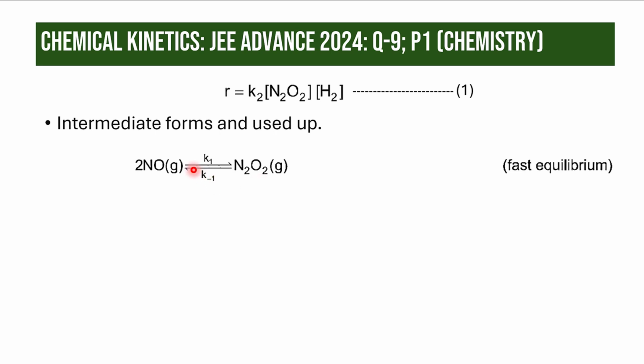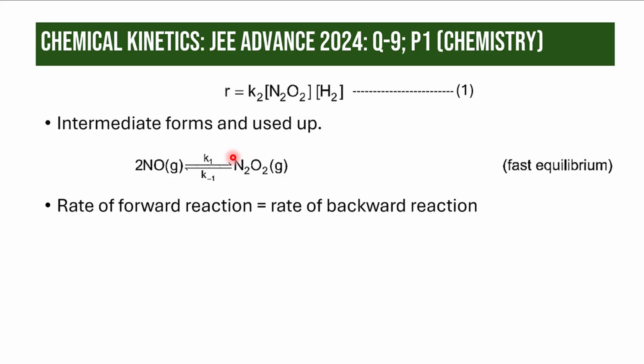So this means the rate of forward reaction is equal to the rate of backward reaction, because it is not building up or being used up, or you can say it is built up at the same amount and it is used at the same amount. So the rate of forward reaction is equal to the rate of reverse reaction. That is an important point here, because N2O2 is an intermediate, so we can write this expression.